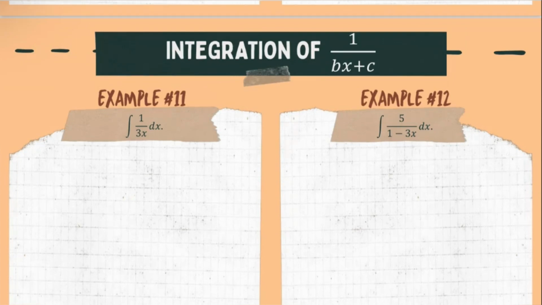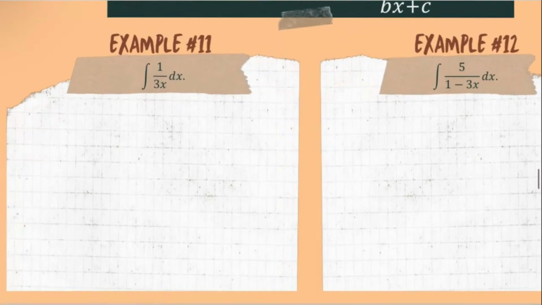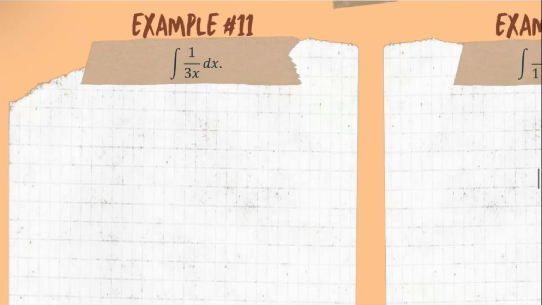Example 12. Okay. Integrate 1 over 3x. Okay, first of all, saya simplify dia kepada factorize. 1 over 3 integrate 1 over x dx. Okay. Nampak tak? 1 over 3 darabkan dengan 1 over x, dapat balik semula 1 over 3x dx.